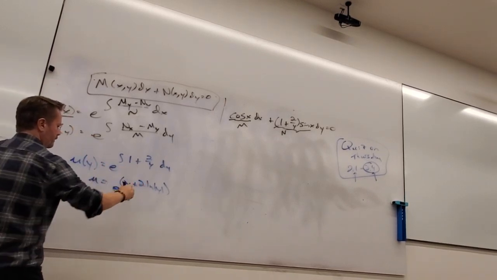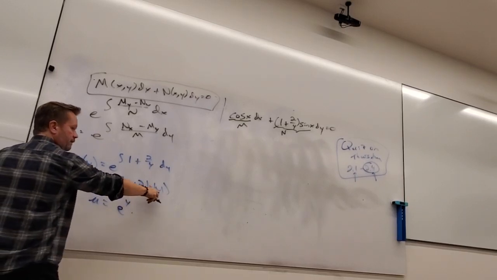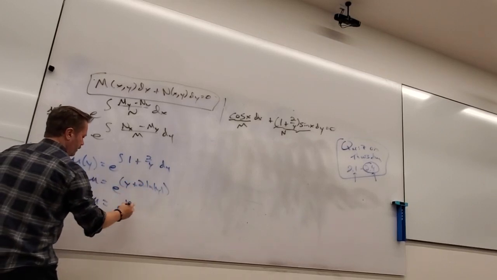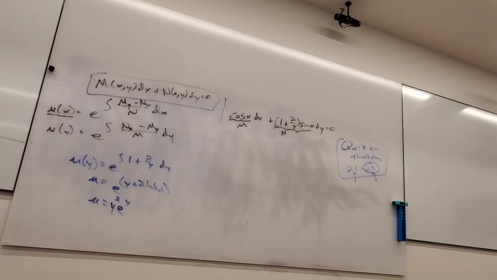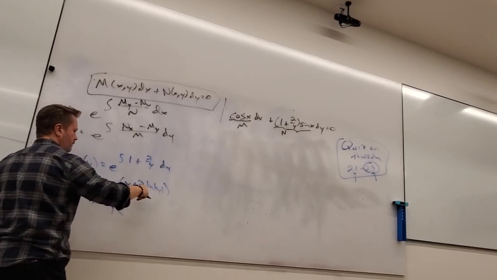How do I simplify this? It'll be e to the y times e to this business. Pull the 2 up. The absolute value doesn't need to be in there.